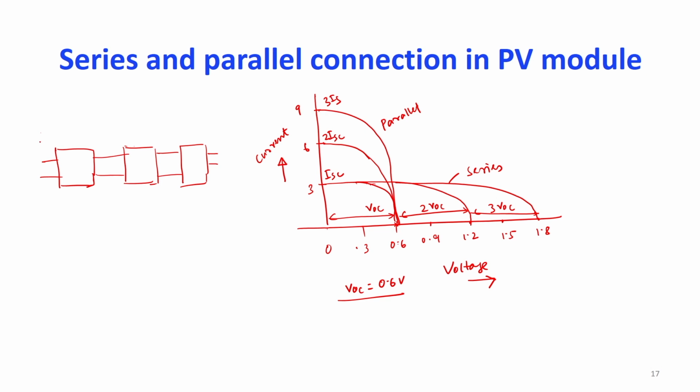So, this is cell only we are showing here, but same thing it will be there, because one cell will produce 0.6 volt, okay. And when the cells are connected in parallel, then things will be something like this.